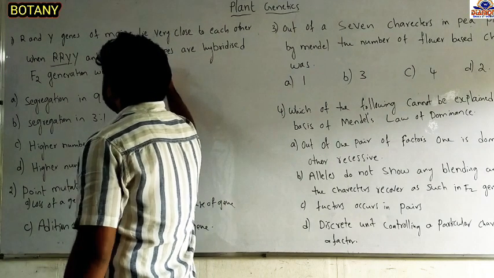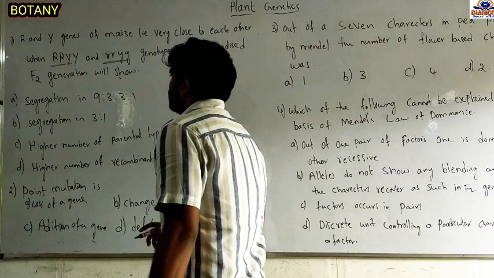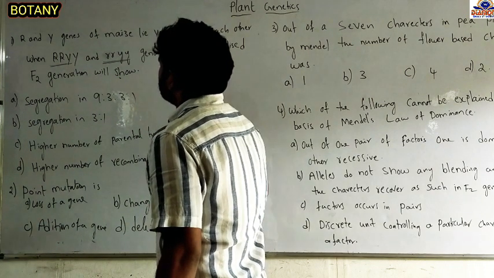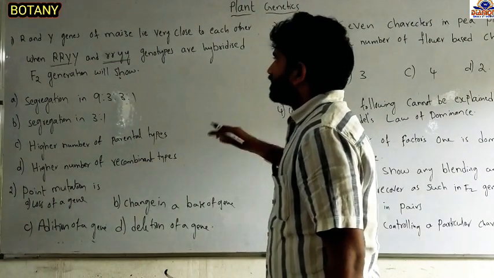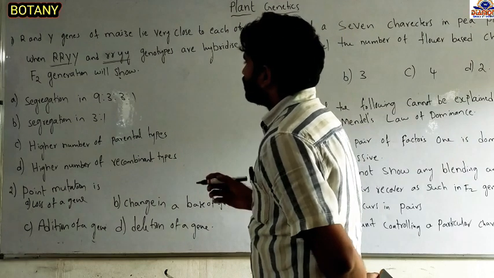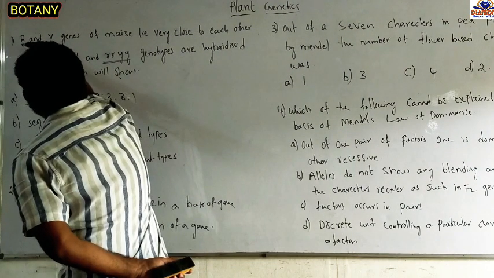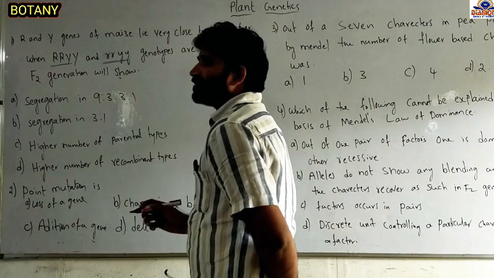In a dihybrid cross the F2 generation will show certain ratios, but here they mention that the R and Y genes of the males are very close to each other.